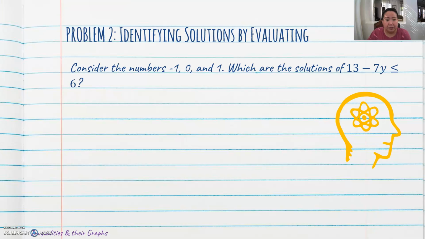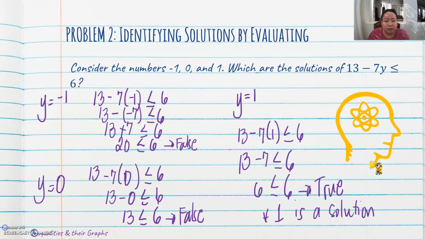Let's try this on your own. We have the numbers -1, 0, and 1, and our expression to check is 13 minus 7y. Is it less than or equal to 6? Go ahead, try this one on your own. You can try y equals -1, replace y by 0, replace y by 1.